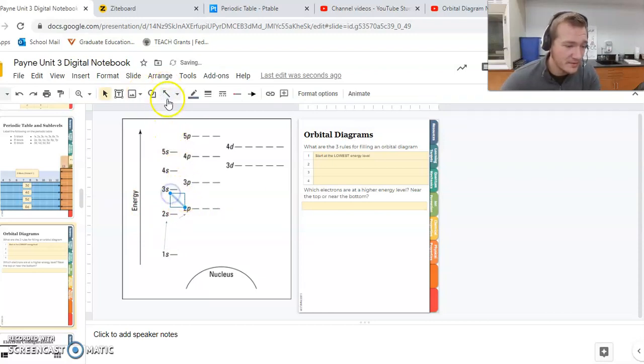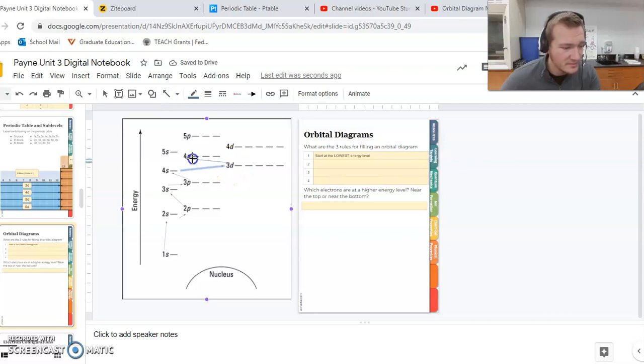And then 2p to 3s, and then 3s to 3p. And then normally you'd think, oh, 3p to 3d. Well, this is why it was different yesterday. 3p actually goes to 4s because 4s is lower in energy than 3d is, just by a little bit. So then all of a sudden, our 4s, the electrons, if they fill up, they'll go to 3d.